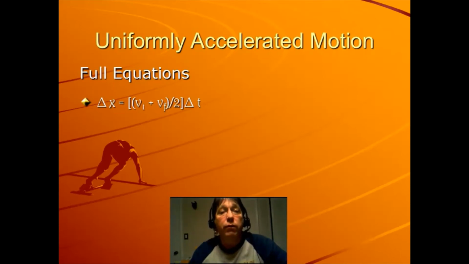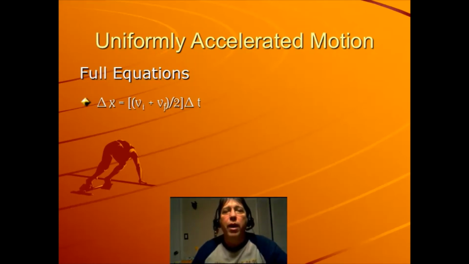If you know initial and final velocity, acceleration, and time, but you don't have any distance information, that second equation will work for you. If you're interested in dealing with distance, initial velocity, time, and acceleration, but you don't have any final velocity information, the third equation will do it. And if you're dealing with initial and final velocity, acceleration, and distance, and you don't know anything about time, the last equation will do it for you.